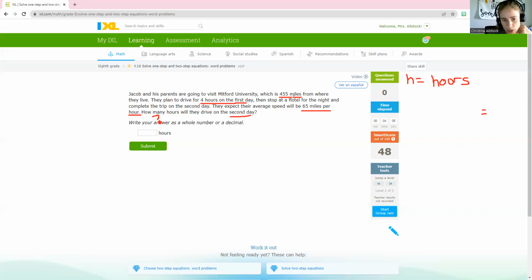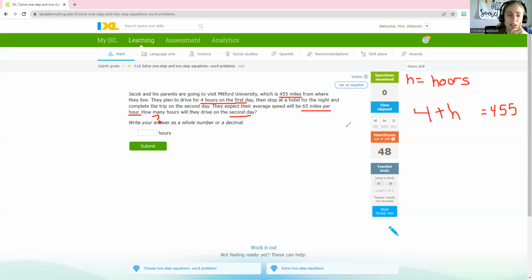Well, that's how far we're driving. That's going to be our total. And then they drive 4 hours the first day and complete the rest of the trip the second day. So would it just be 4 plus H? Would that be correct?